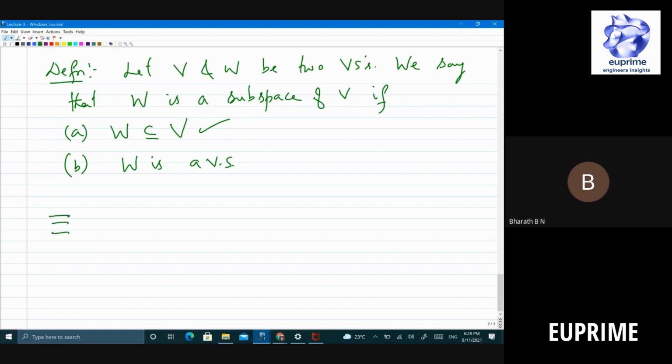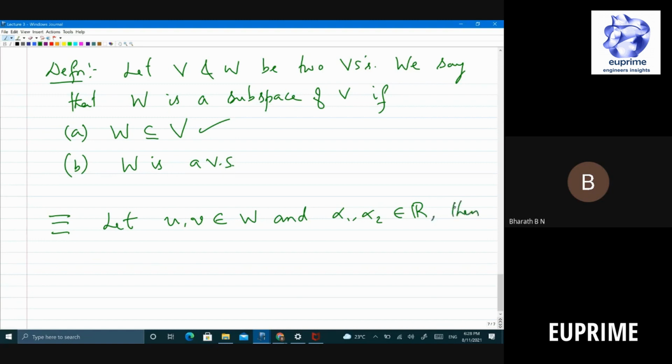So we can say that you take any two vectors in W, let u, v belong to W, and alpha 1, alpha 2 belong to R. You take two numbers.